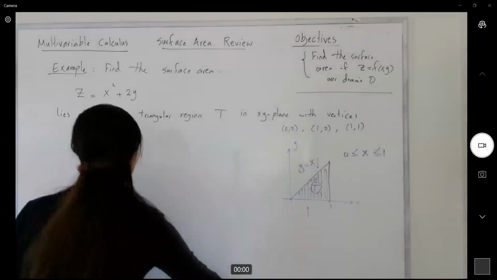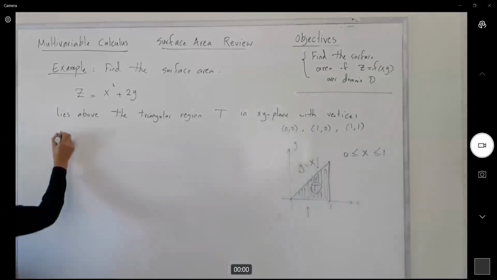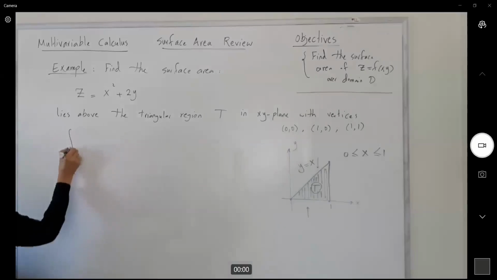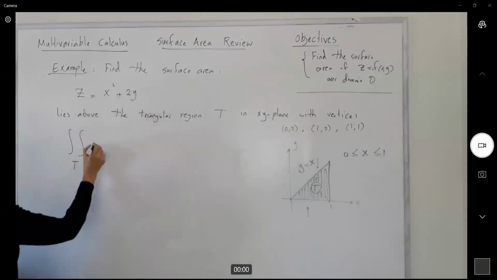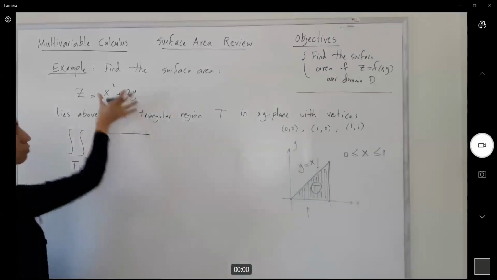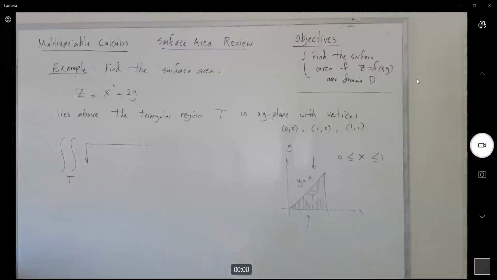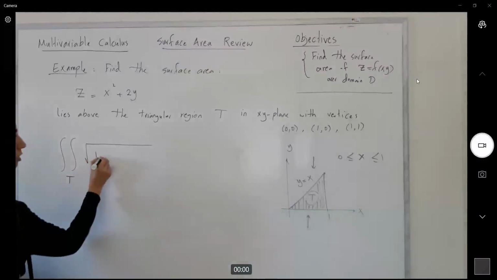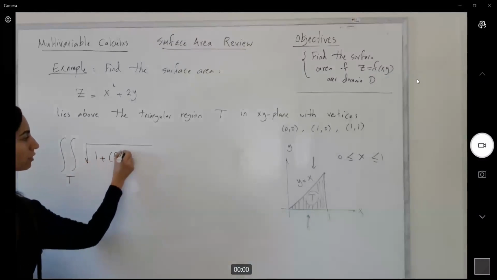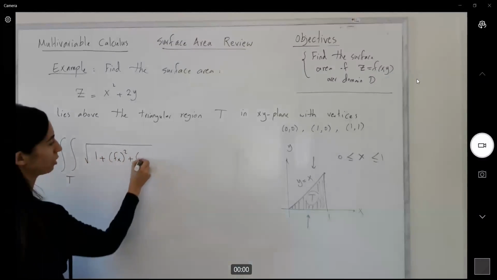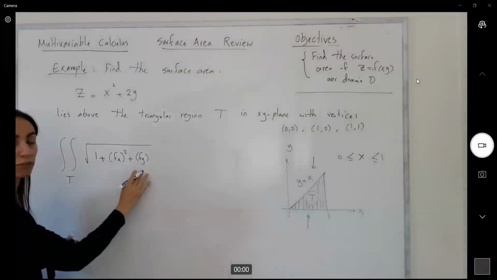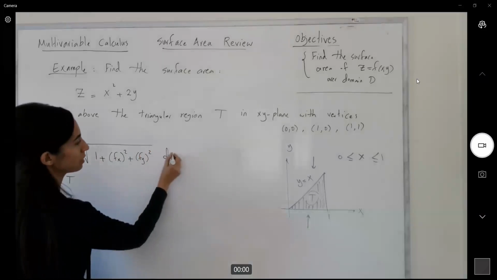Very good. To find the surface area over T, you get the double integral over T of our function, and we have to take the square root. We have to find the partials: the square root of 1 plus the partial derivative of f with respect to x squared plus the partial derivative of f with respect to y squared, dA.